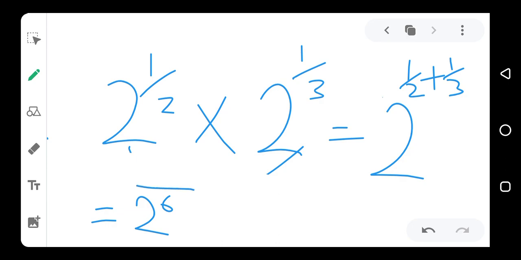So we have 6 divided by 2 will give us 3. 3 times 1 will give us 3. Plus 6 divided by 3 will give us 2. 2 times 1 will give us 2. So this will give us 2 raised to power 5 over 6. So this becomes the final power.